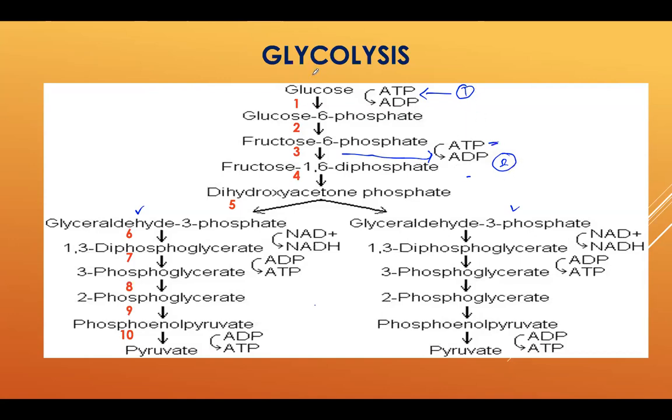Okay, so at the end, what happened? Glucose completely breaks down into pyruvate. Okay, but at the 7th stage, ADP is converted into ATP, and at the 10th stage, ADP is converted into ATP. So this is our first production of ATP.